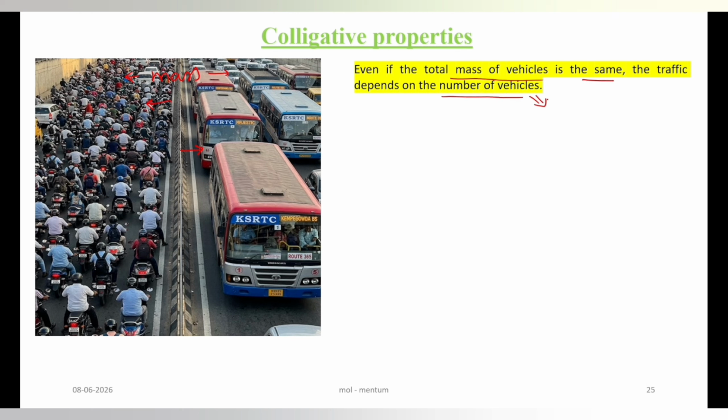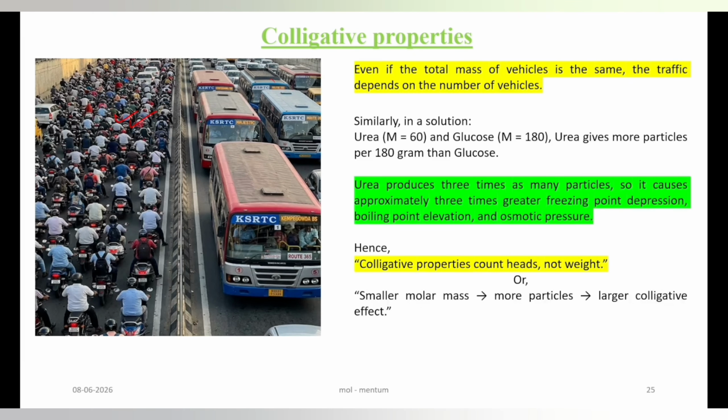That is what colligative property is, number of vehicles. When we ask on which side the traffic is high, obviously it is the left side, because of the number of vehicles present. Similarly, colligative properties also deal with the number of particles, not the size or nature of the particle. So number is important.